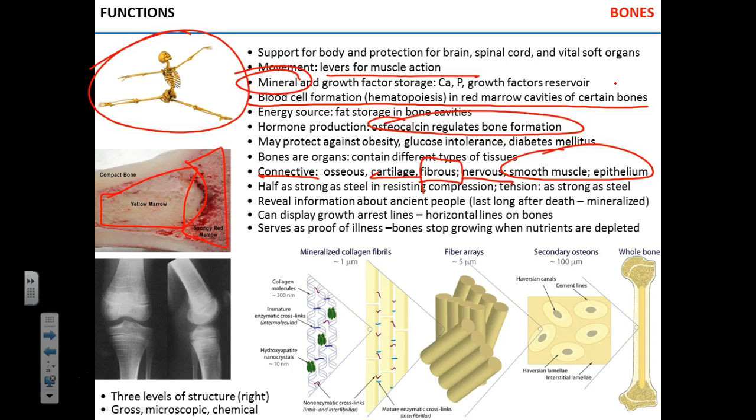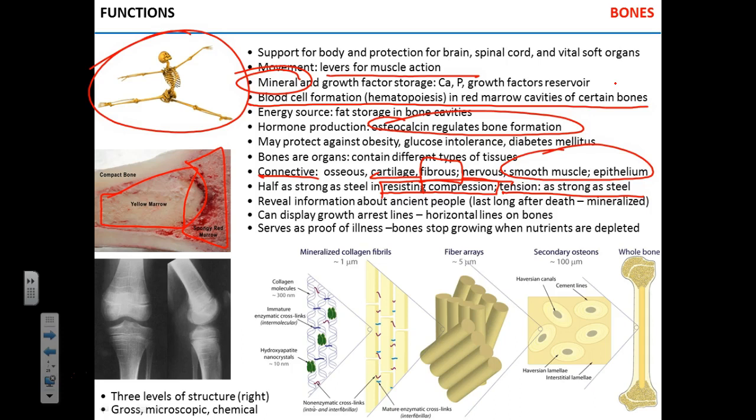They are very mechanically strong. The compression resistance is 50% of that compared to steel. Okay? Tension, strongest steel, so you cannot possibly tear the bone into pieces. On the other hand, they're fragile if you want to break them. That's a different story.